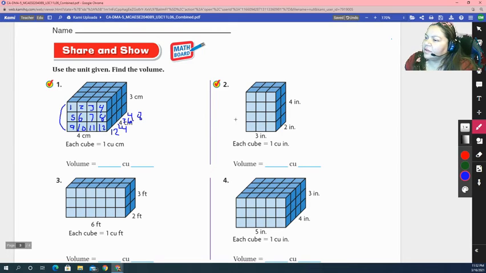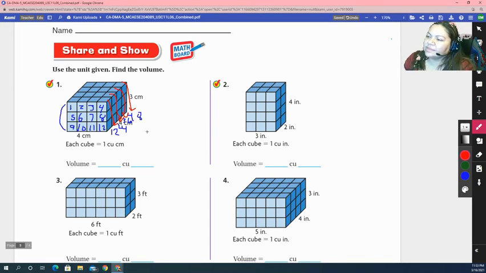So I am just doing each layer. So I have here that 36, and then the last one made 48. Does that make sense? 12, 24, 36, 48, because each layer back is 12 cubic centimeters.